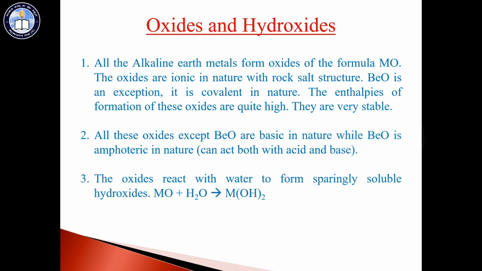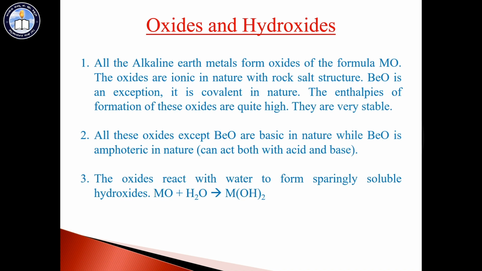Let us study oxides and hydroxides. All the alkaline earth metals form oxides of the formula MO. The oxides are ionic in nature with rock salt structure. BeO is an exception. It is covalent in nature.